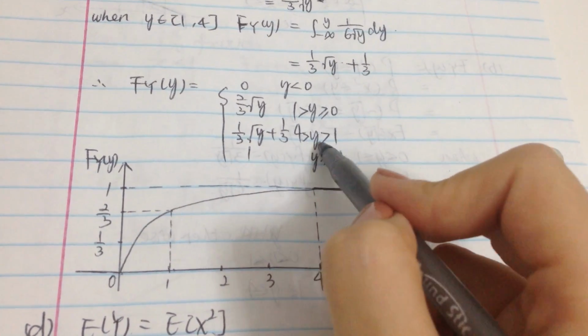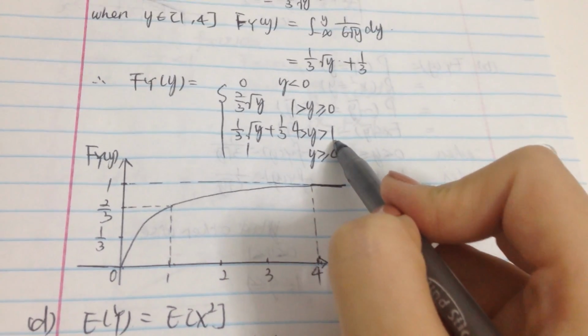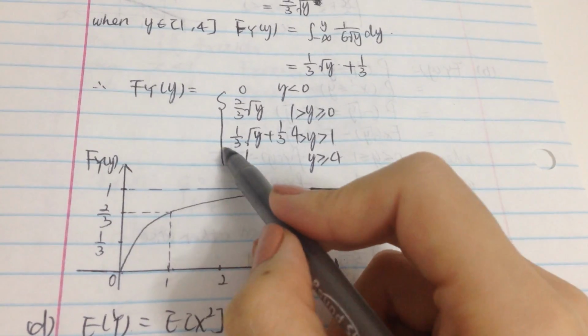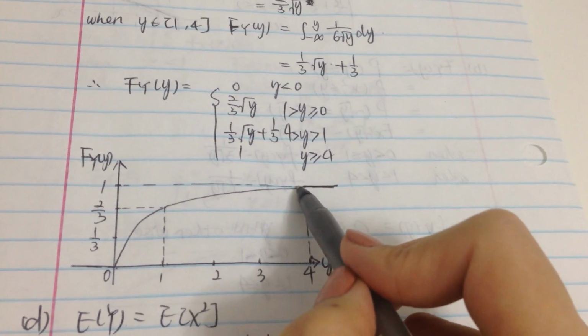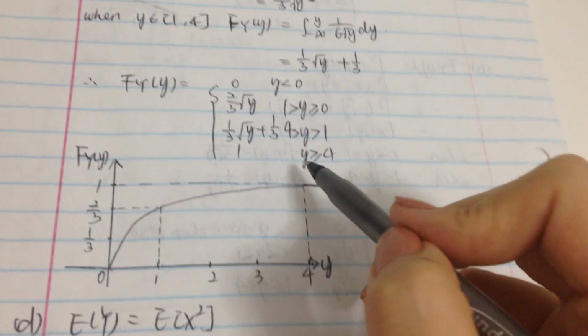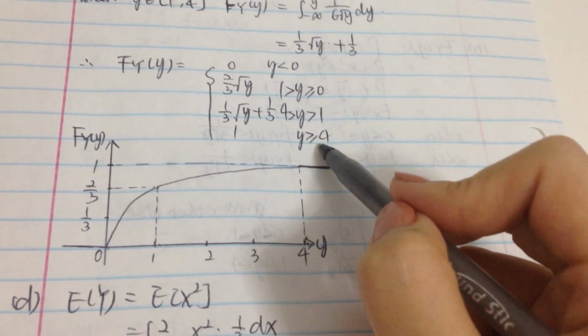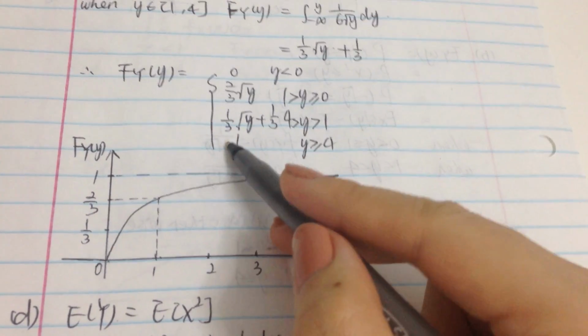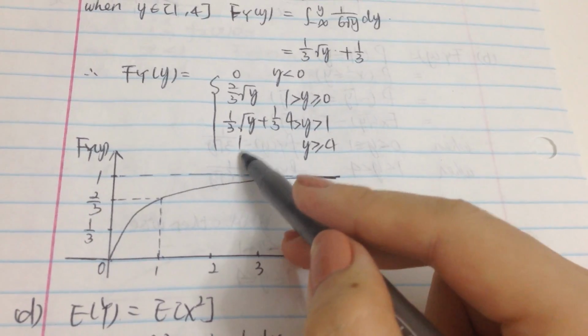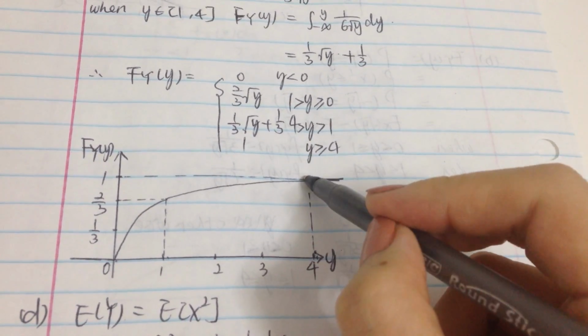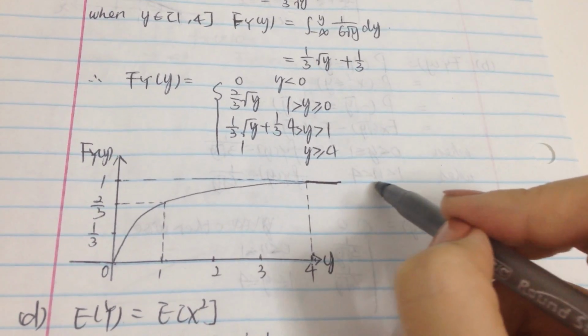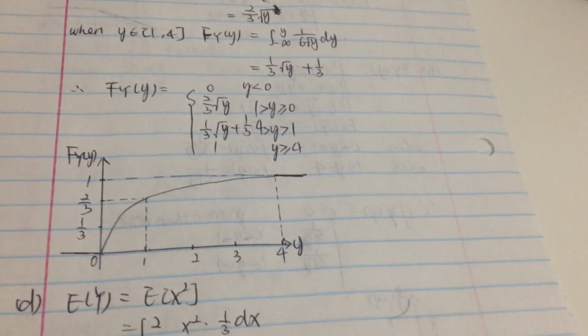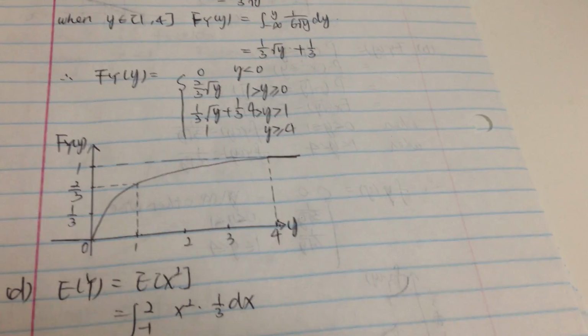If y is in the range from 1 to 4, we should use this function, this part. And later, if y is bigger than 4, it means the distribution function of y equals 1, so just this part. So here's the figure of the distribution function of y.